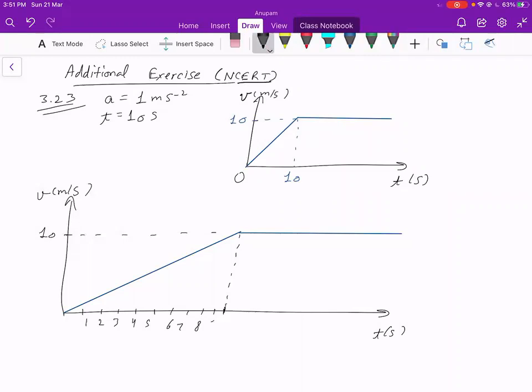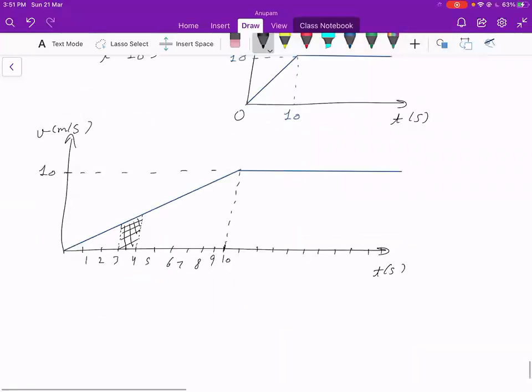N can be anything between 1 to 10 or even beyond. Let's say, for example, I'm taking the third second. Then this is the distance traveled in the third second. So this is the graphical approach.